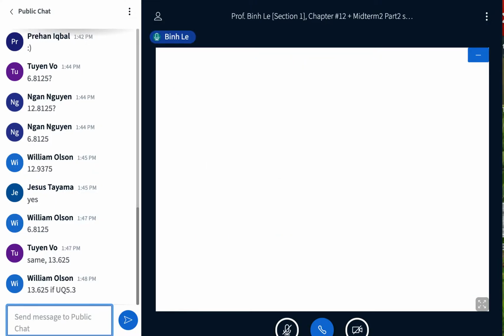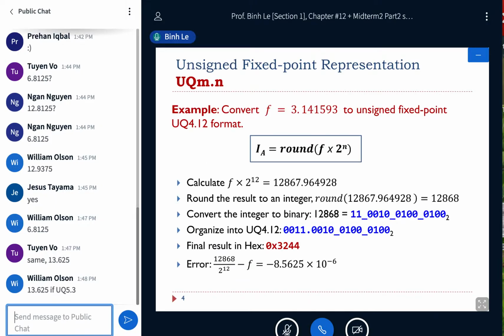That's unsigned. Actually, for this slide, I now ask you in the reverse direction. If I want to use a binary number to represent this real number in the fixed point format 4.12, can you do that? Can you somehow represent this real number using 32 bits, binary bits?